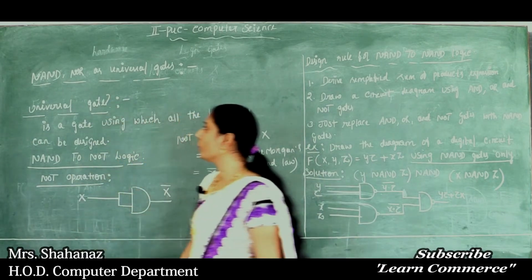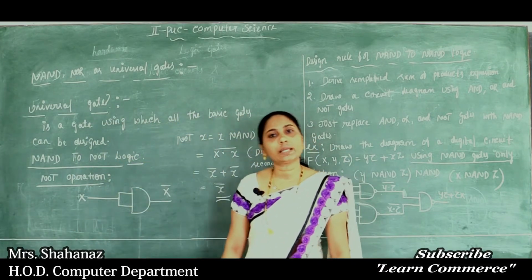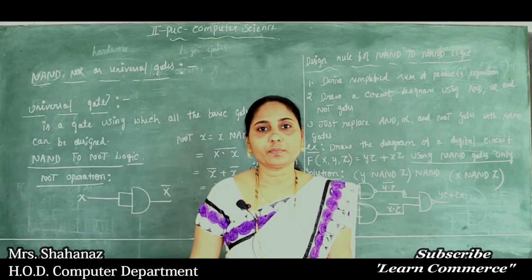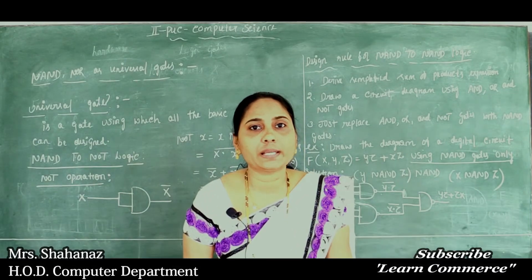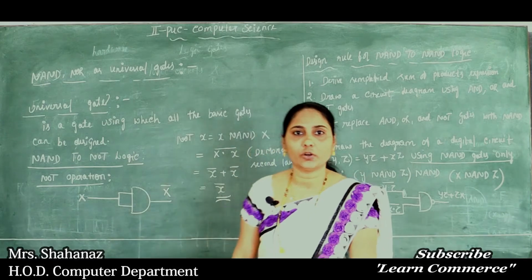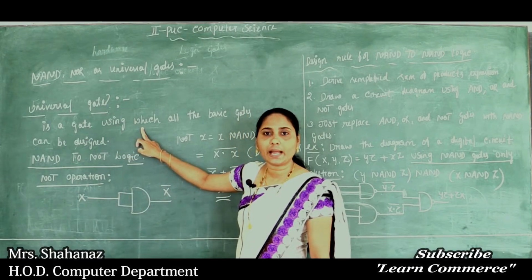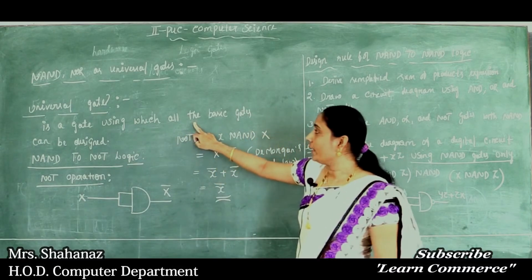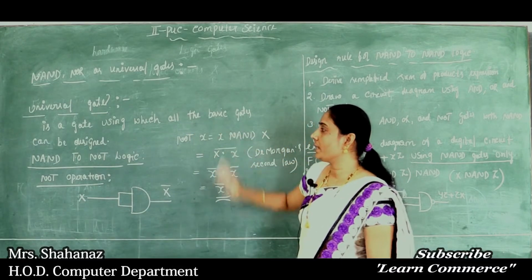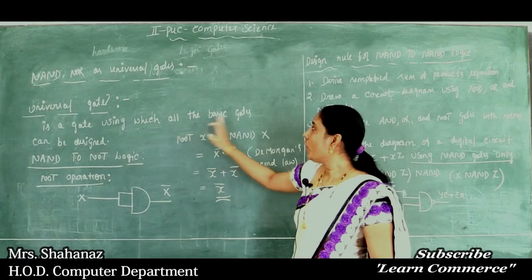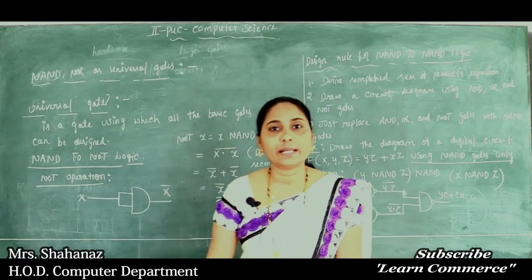The universal gate is a gate using which all the basic gates can be designed. It is a gate, that means the NAND and NOR gates, using which we can design all the basic gates.